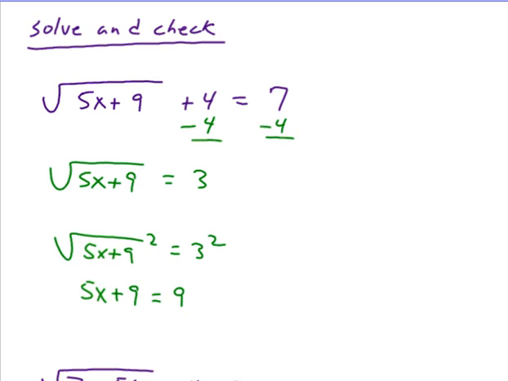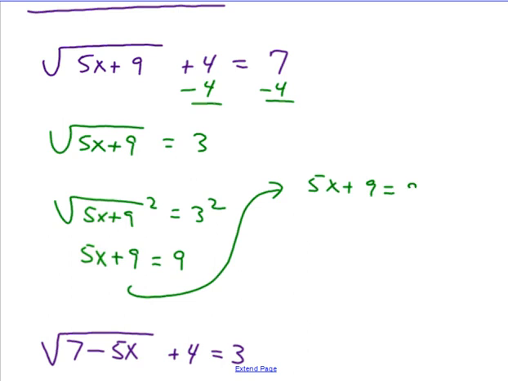So over here, subtract 9, and I get 5x equals 0. So does x equal 0 here? Let's see if that works.